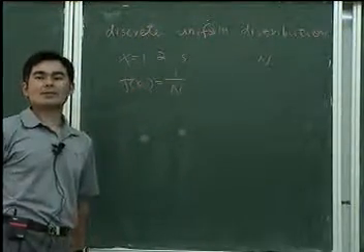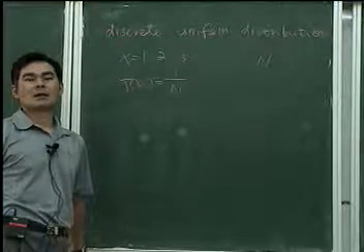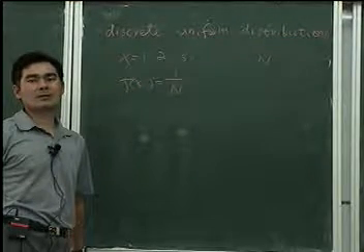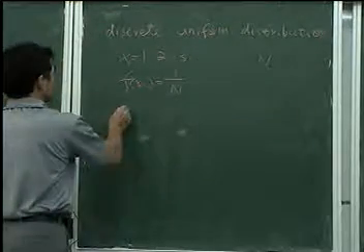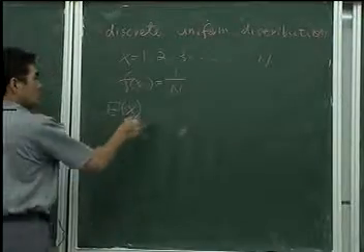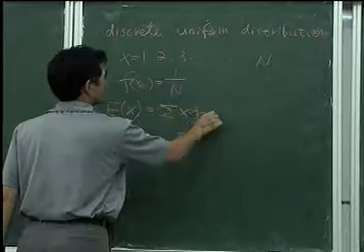So for every distribution, we are interested in the mean and variance. Now let us try to find out the mean in this case and the variance. So expectation of x, that is the mean, should be equal to the summation of x times f(x), right?